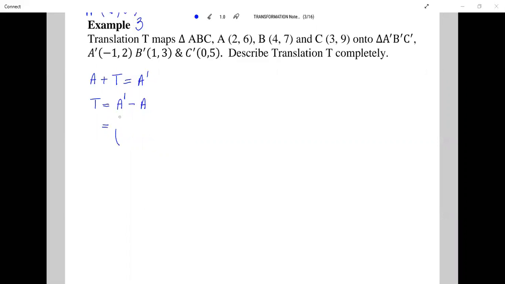So A prime is (-1, 2) minus A, which is (2, 6). So this is going to be -1 minus 2, and 2 minus 6. That's A prime minus A. So this is going to work out to be that T is (-3, -4).